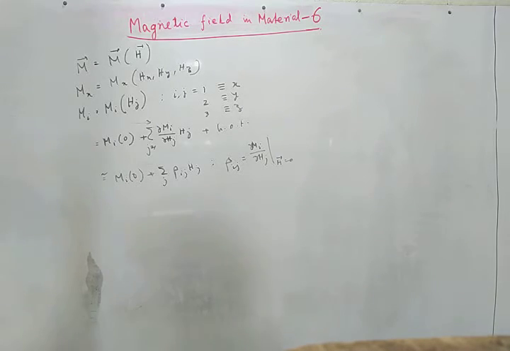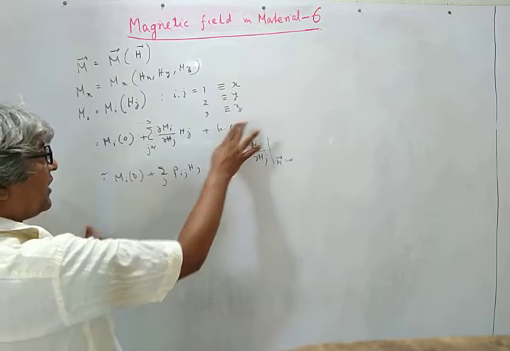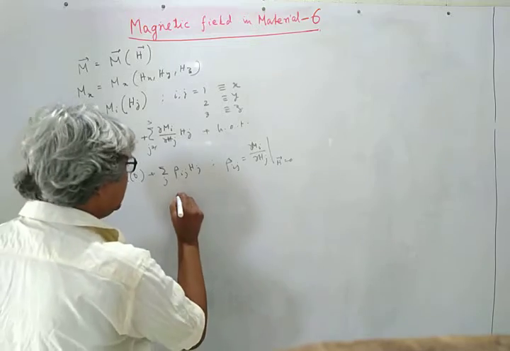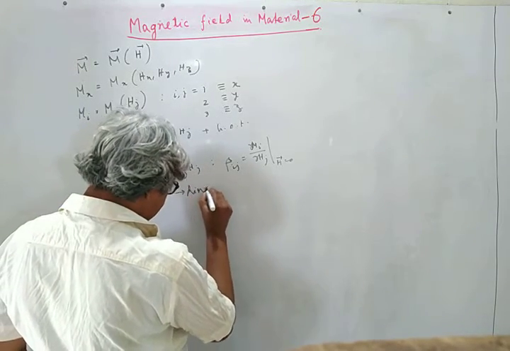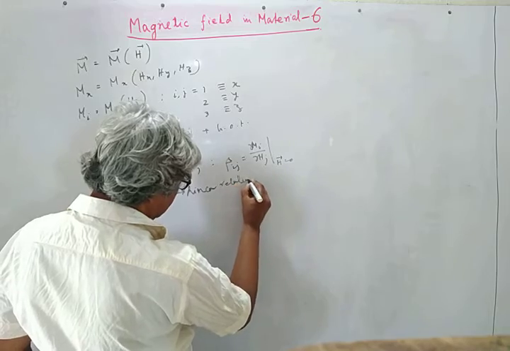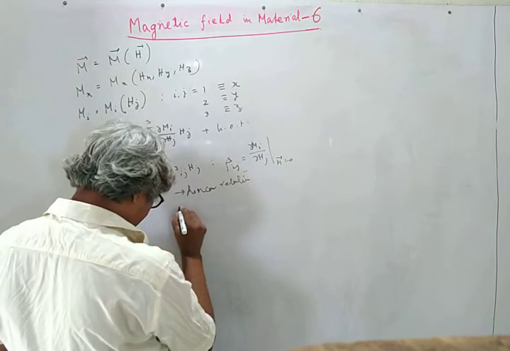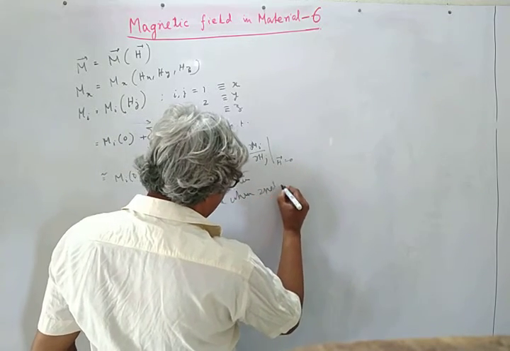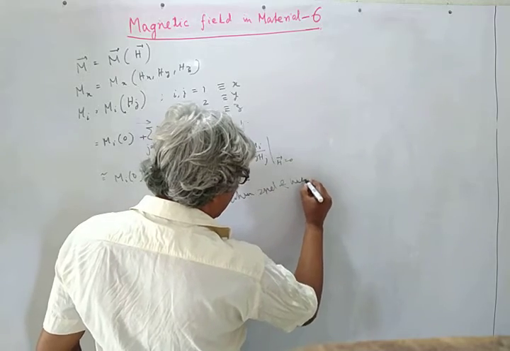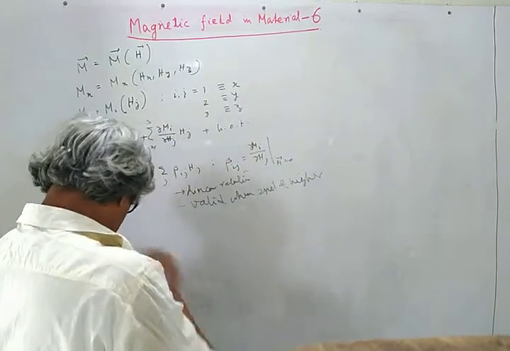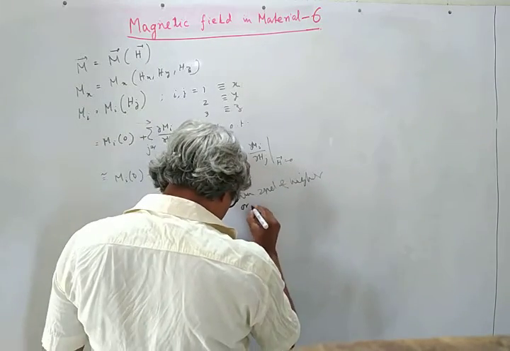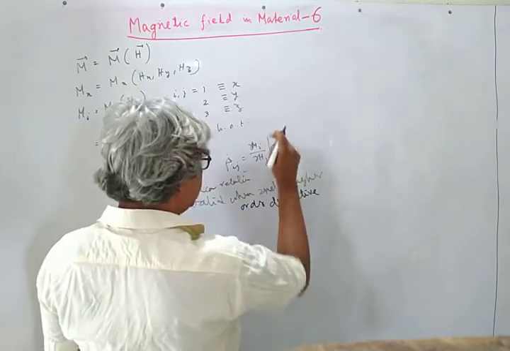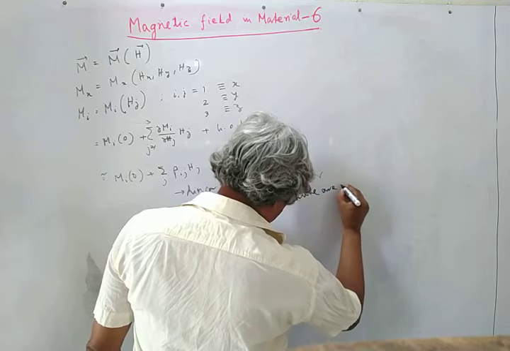So if we find that the higher order terms do not contribute significantly, we call it a linear relation. So it is a linear relation, valid when the second and higher order derivatives are not significant.